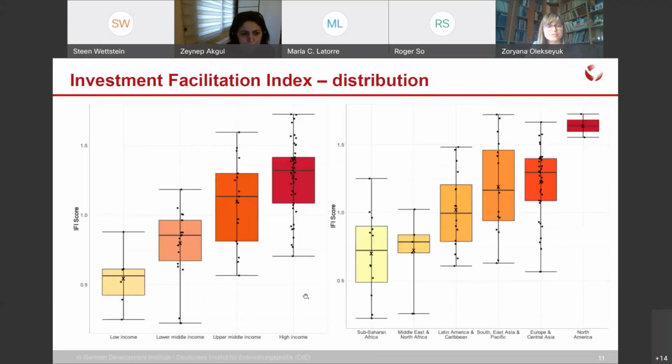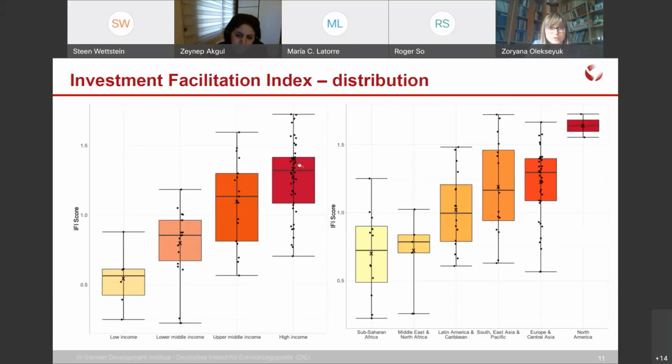Okay, here's just the first picture. So you have statistics on the distribution of the index score by income level and region. And well, the picture is not surprising, right? Because for low income countries and lower middle income countries, we have the smallest averages. For upper middle and high income countries, the averages are way higher.